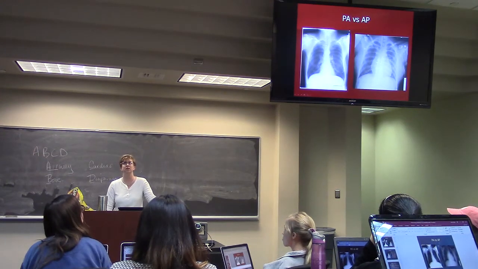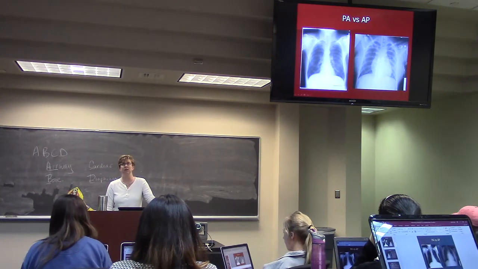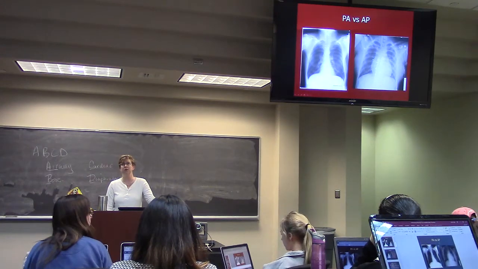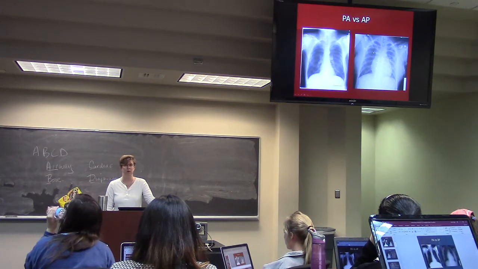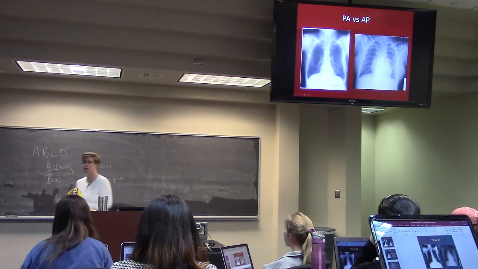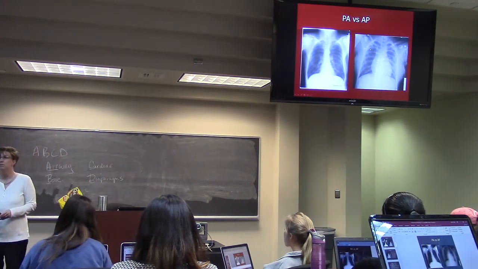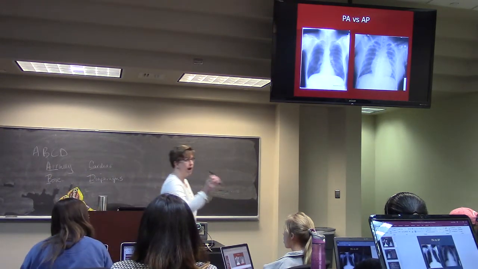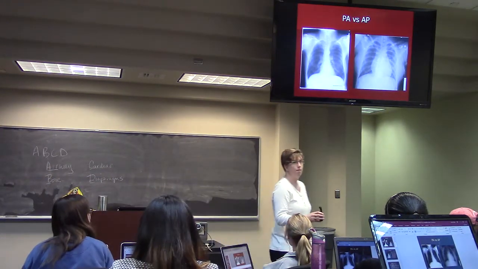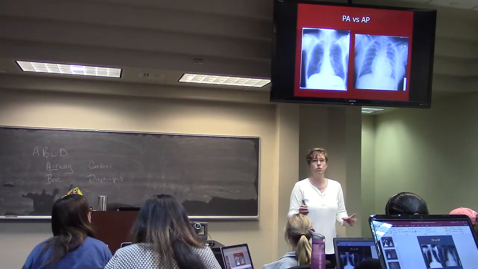So this is a PA, and this is an AP. And I know this one because it was written on the x-ray. Your x-rays should all be labeled. Okay? And if your x-rays aren't labeled, you go to your rad tech and tell them to label them. Who's a rad tech here?